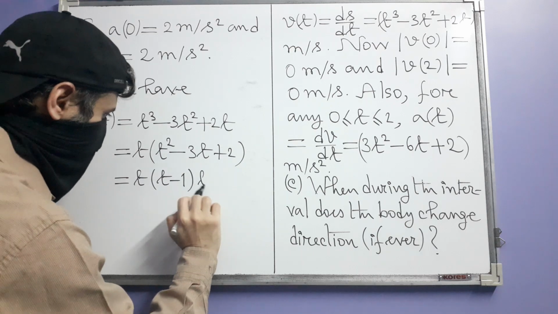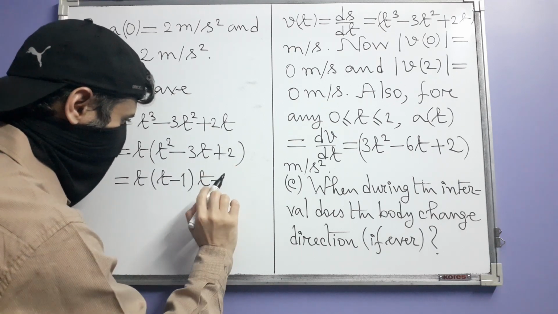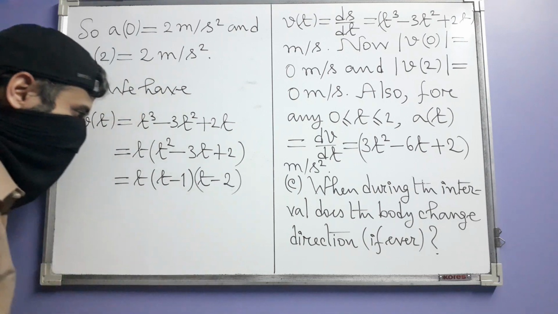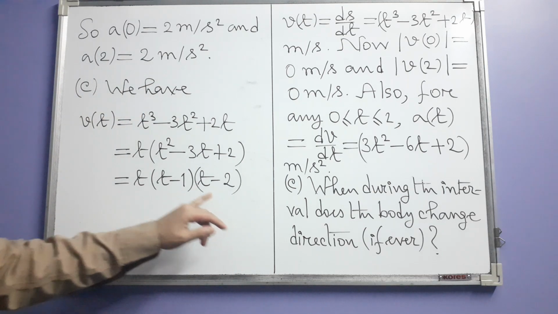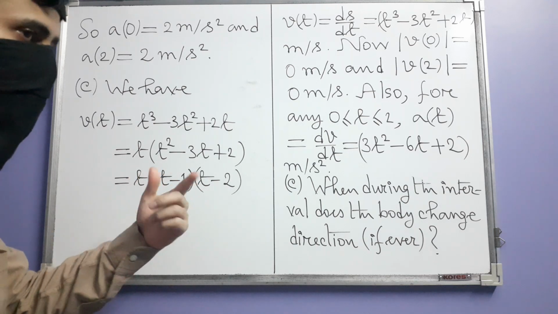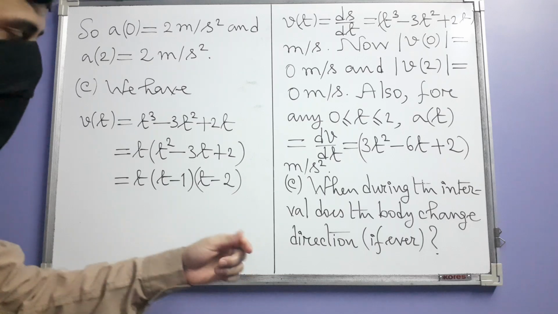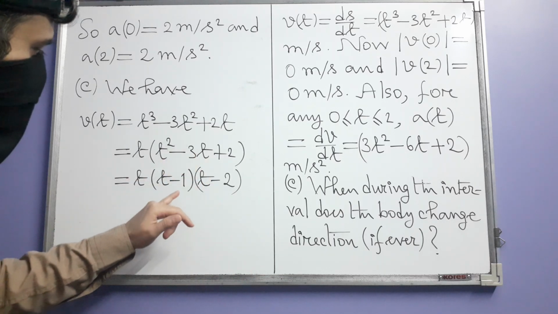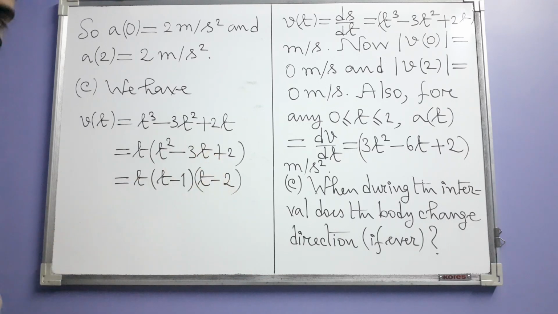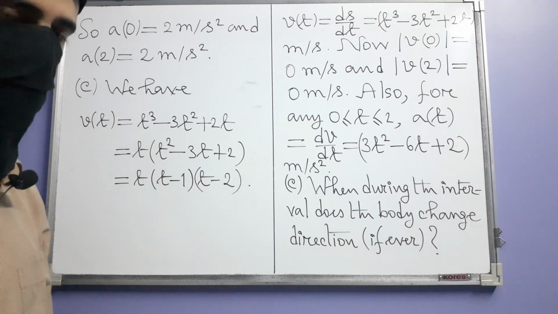So you can see that you have this factorization. You can check by multiplying. T times t is t square. T times minus 2 is minus 2t. Minus 1 times t is minus t. Minus 2t and minus t give you minus 3t. And minus 1 times minus 2 is plus 2. Alright. Now note that our interval is the closed interval 0, 2.